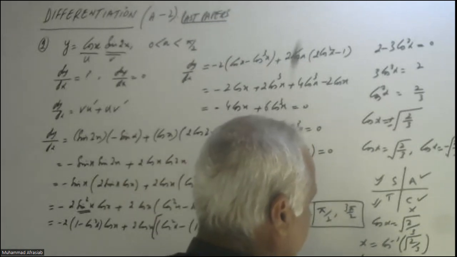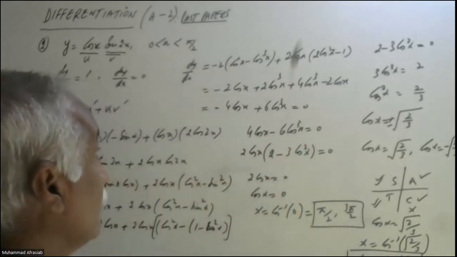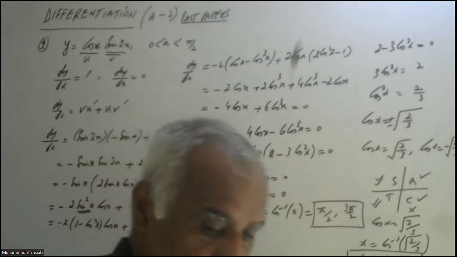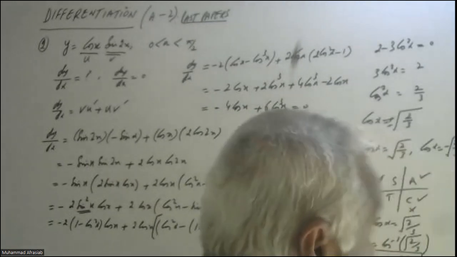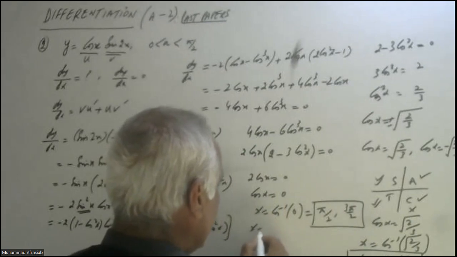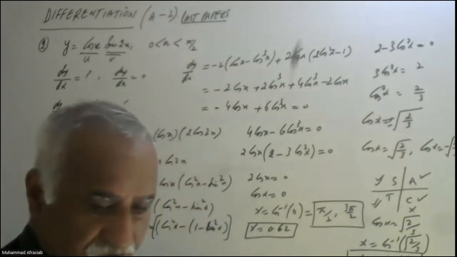So the value is 0.62 radians, which is within the range of 0 to pi by 2. So this is the answer for this question for the stationary point of this curve. So x is equal to 0.62 radians is the answer.